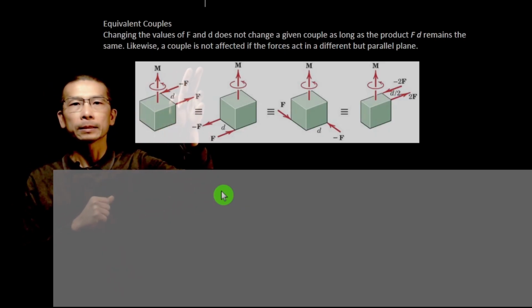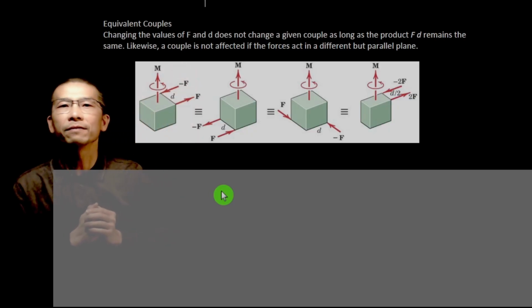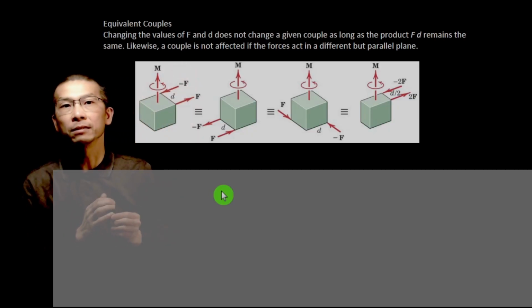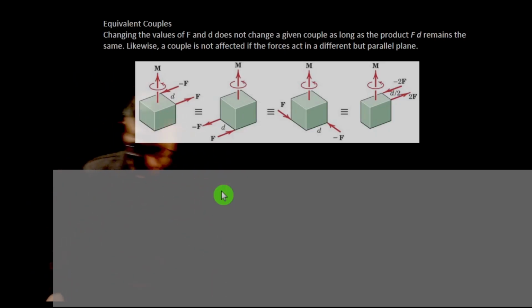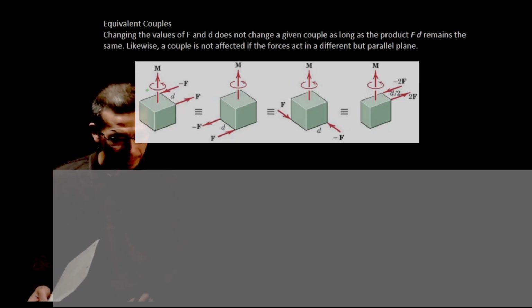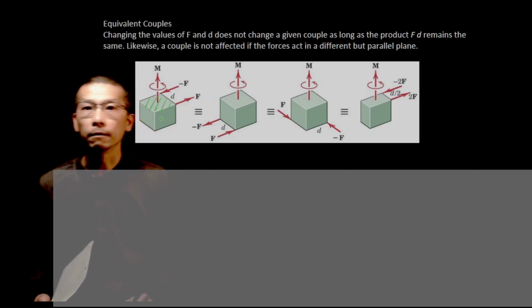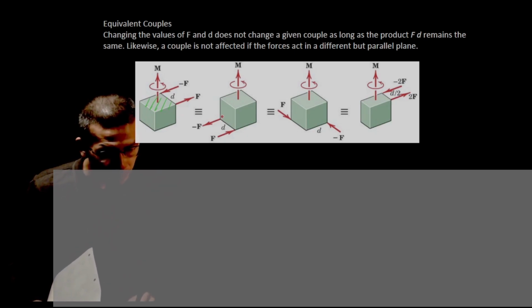Likewise, a couple is not affected if the forces act in a different but parallel plane. So on top, this plane here, right? And at the bottom, if you imagine, there's a bottom plane right here.